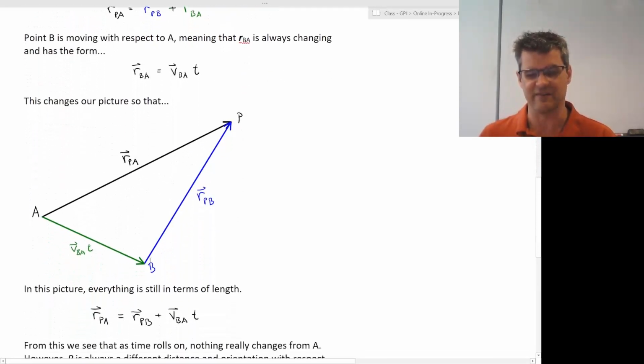And because of that, what we have is some relative motion. If B is changing its position with respect to A as a function of time, how this person at point B sees point P is going to be different than how somebody at point A sees point P.